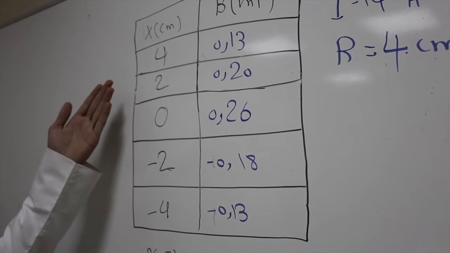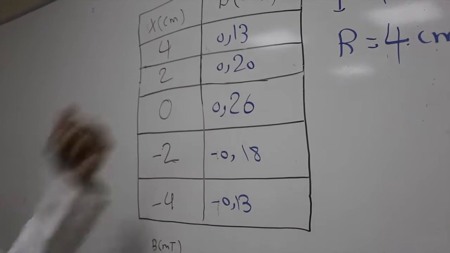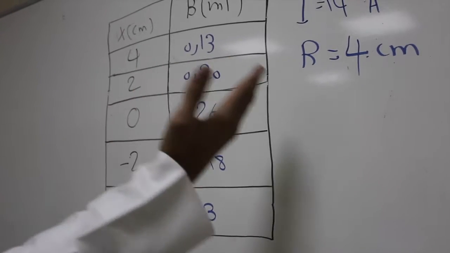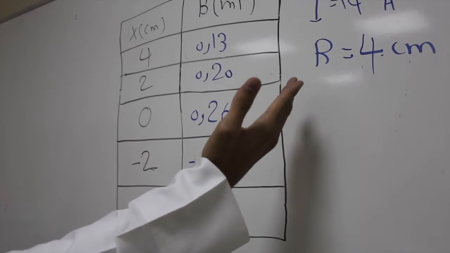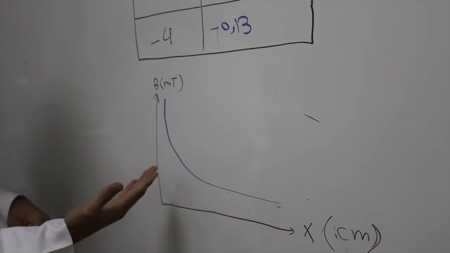This is the relation between distance from the loop and the magnetic field, and we make the current and the radius constant, and the relation between B and X is inversely proportional.